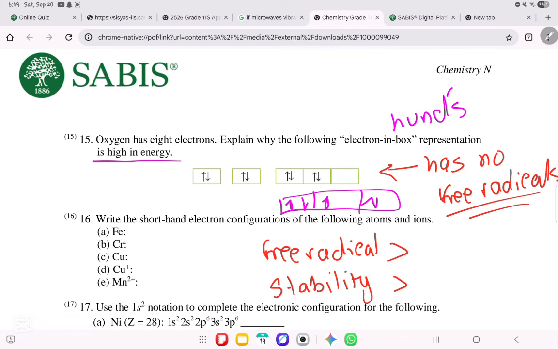The less the free radical, the less the stability. So the more free unpaired electrons, the more free radicals, it's stable, whereas the fewer free radicals means it's unstable and high in energy. We move on to question number 16.